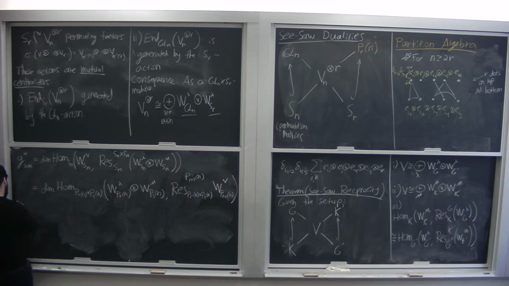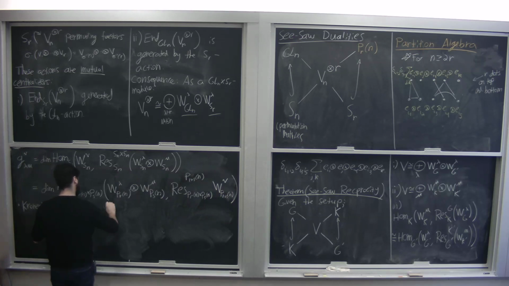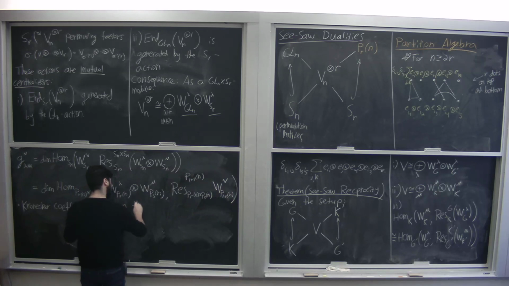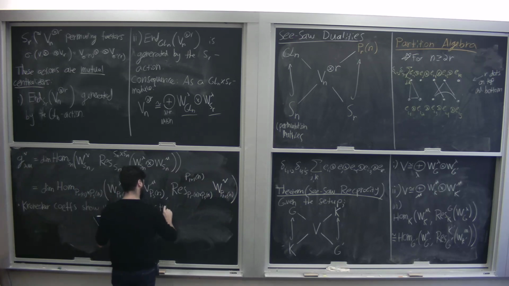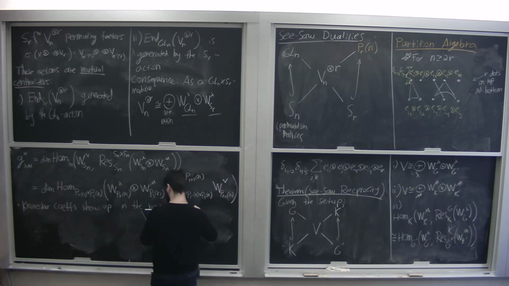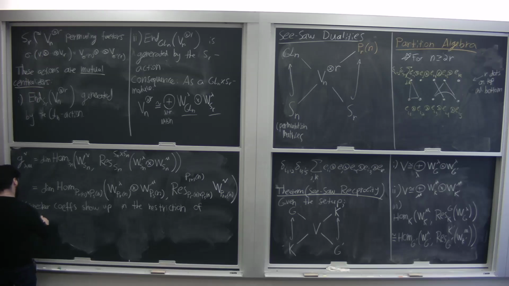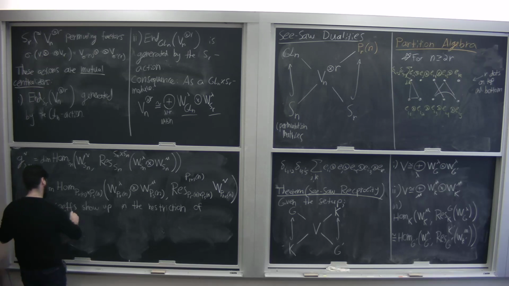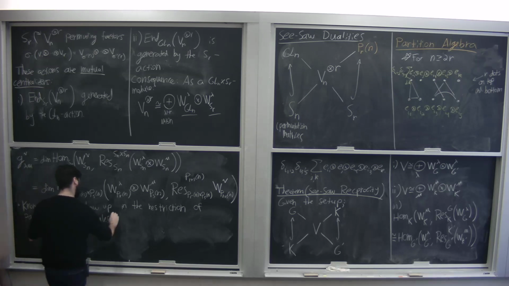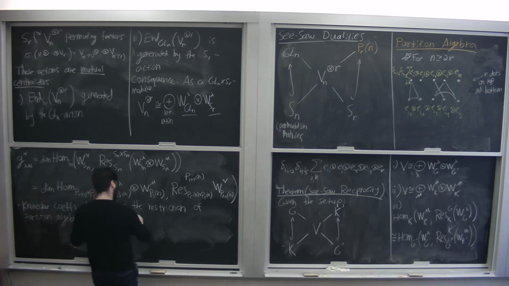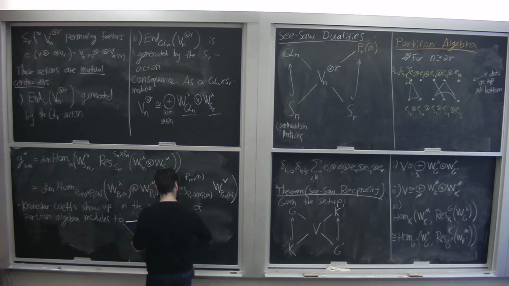Okay, so what does this mean? This means that Kronecker coefficients show up in the restriction of partition algebra modules to what the authors called Young type subalgebras.